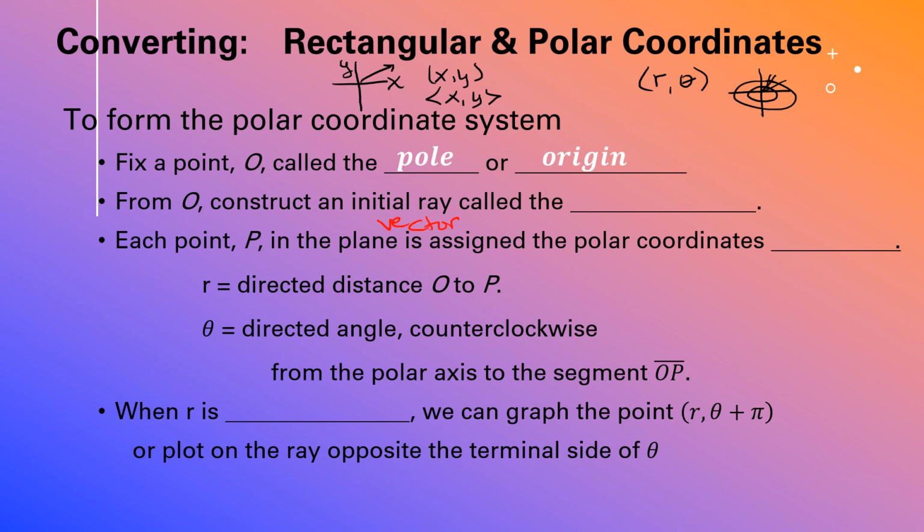It is a vector, and we're going to call that vector the polar axis. So that is actually all those little lines that I drew outside. Not great, but kind of give you an idea. Each point that's assigned, point P, is going to be a polar coordinate. R is your radius, which is that distance from the origin to the end, P.